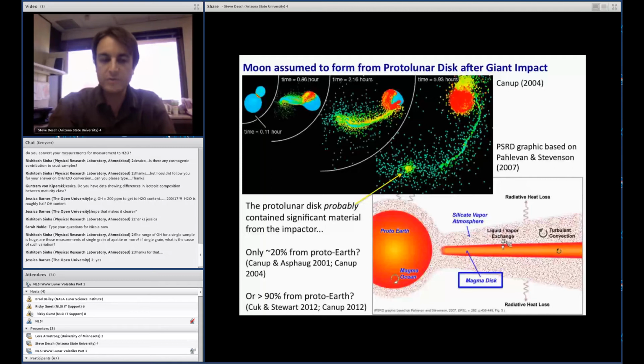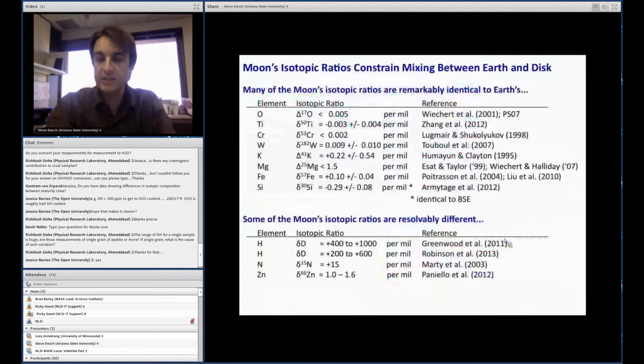That is inconsistent with some of the new isotopic results, so it's provoked a number of models that have explored more extreme dynamical situations so that you could derive maybe 90% of the disk material from the proto-Earth, by Stewart and by Cannon.